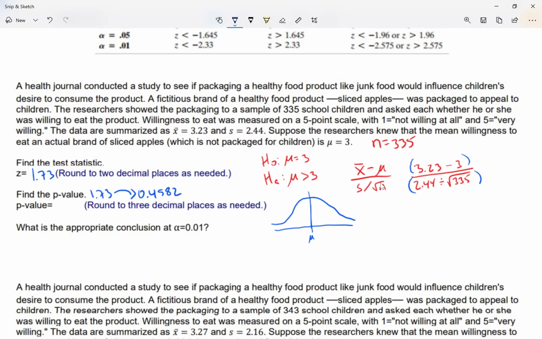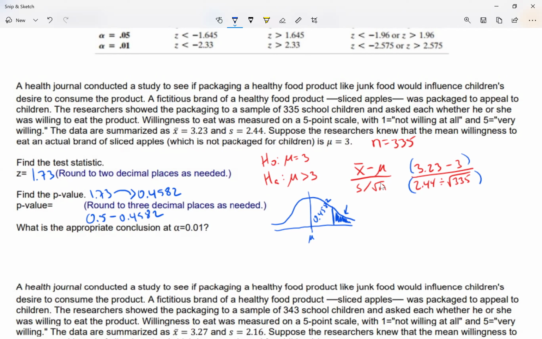And my Z-score, 1.73, is about here. So 0.4582 is this space, but my p-value is actually this shaded part. So I have to go 0.5 minus 0.4582. That's how I'm going to get the probability of the shaded area.